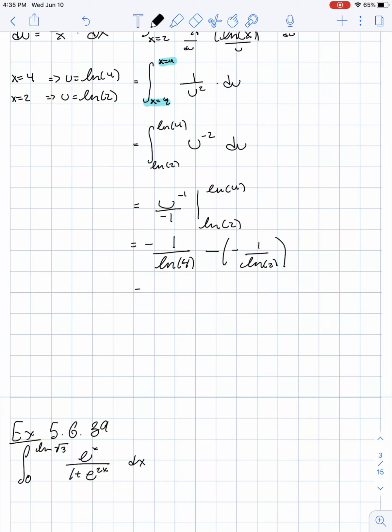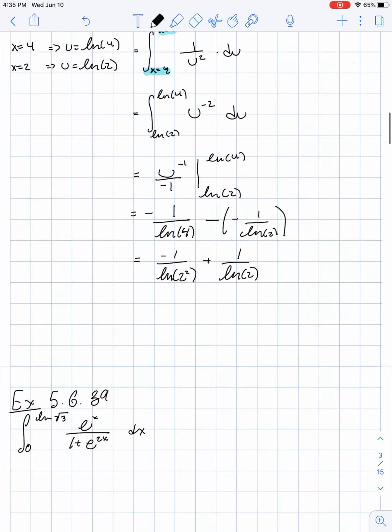And I think we can simplify this a little farther to be -1 over ln of, a little too many steps, 4 is 2 squared. So plus 1 over ln of 2. I'm just simplifying right here. You can totally stop here or even stop here.